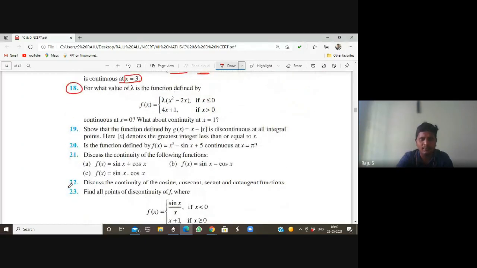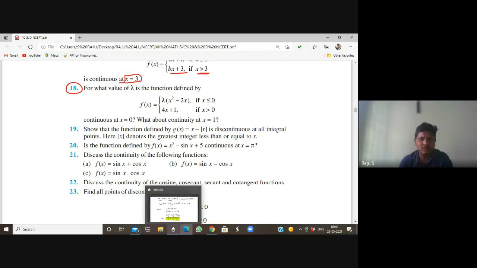18. For what value of lambda is the function defined by f of x equal to this continuous? Now first write the given function.